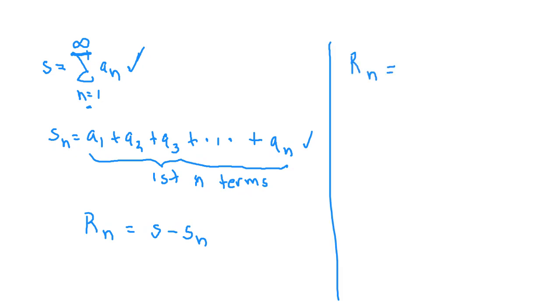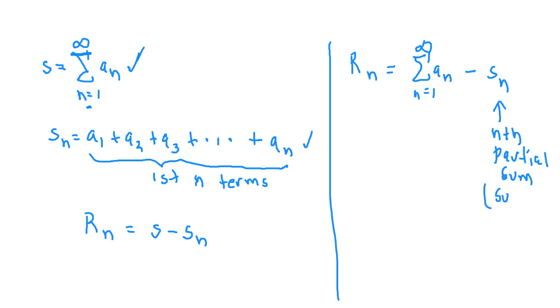R sub n is equal to the value of the series minus the nth partial sum. So S sub n, again, is the nth partial sum, which is the sum of the first n terms of the series.